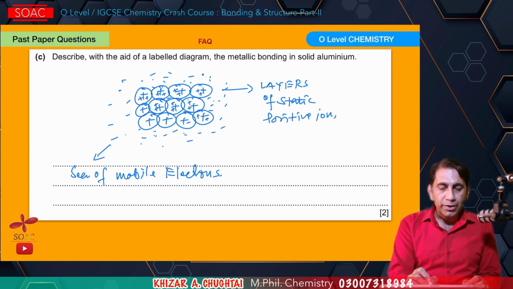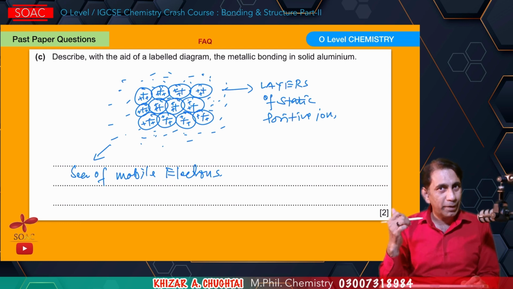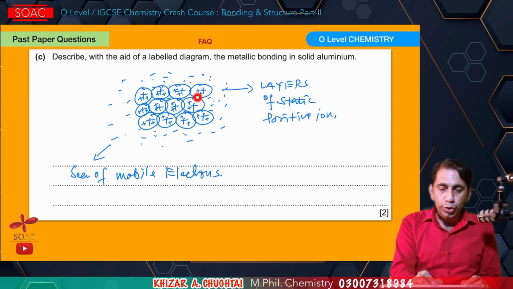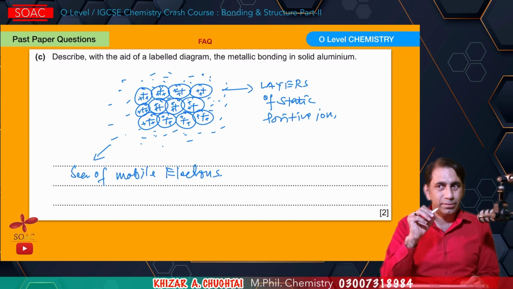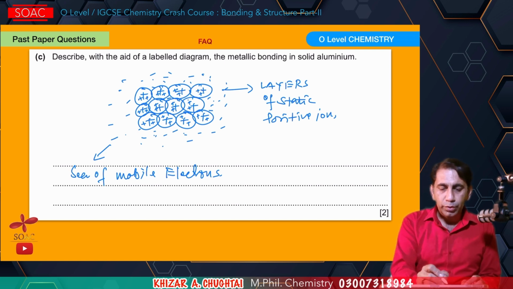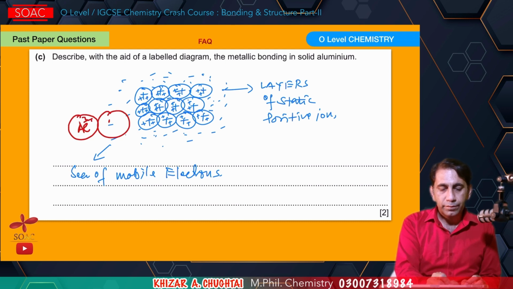Moreover, you can draw 3 positive charges in each circle, as aluminium ions have a charge of 3 positive. You can also write Al 3+ in each circle.